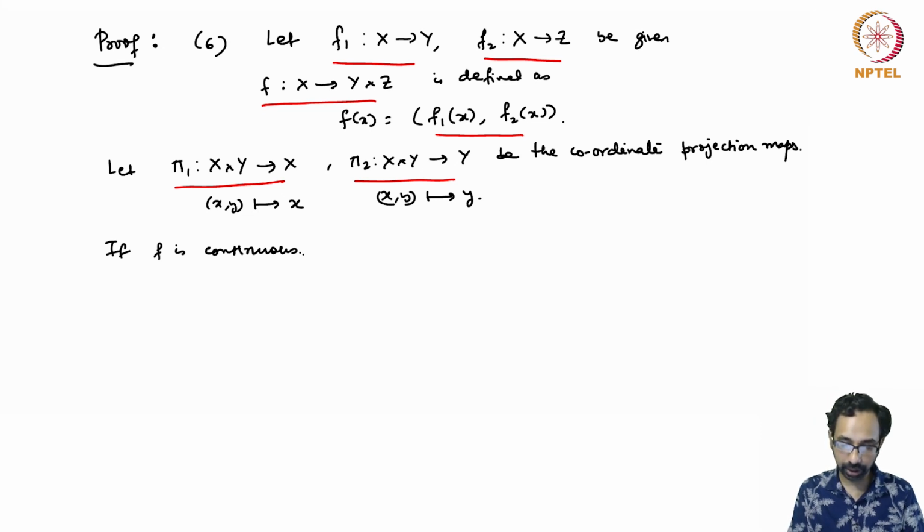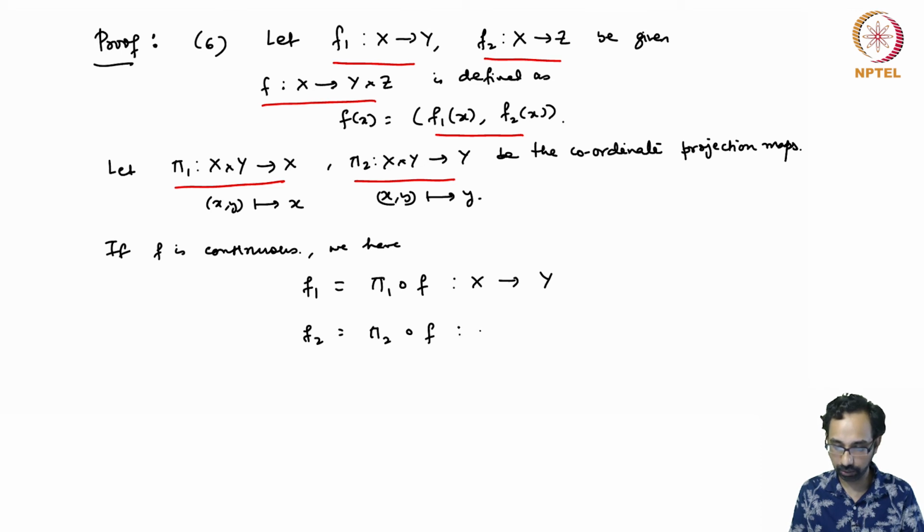So if f is continuous, we have that f1 is a composition of pi1 with f, and f2 is a composition of pi2 with f. So f1 and f2 are compositions of pi1 and f, and pi2 and f.